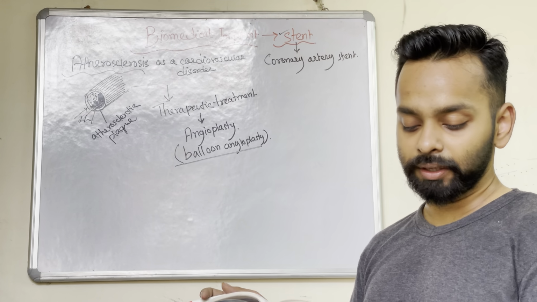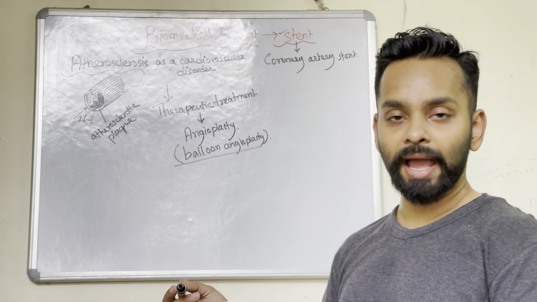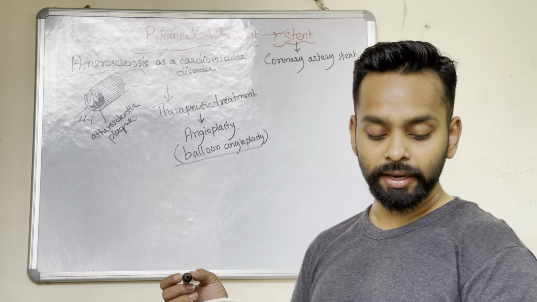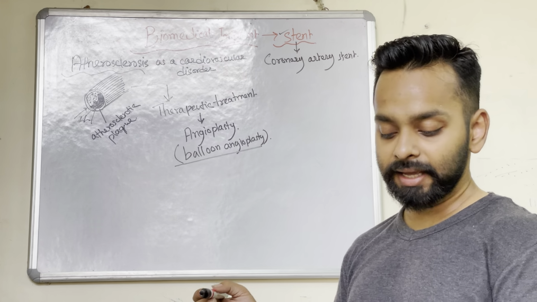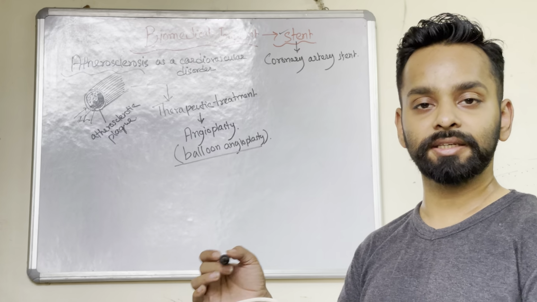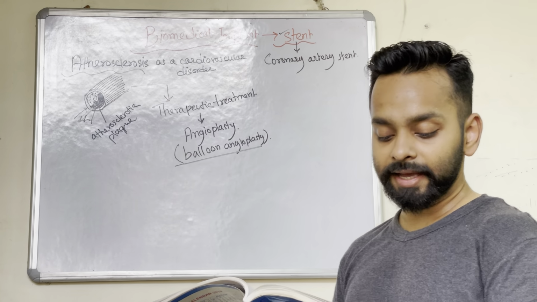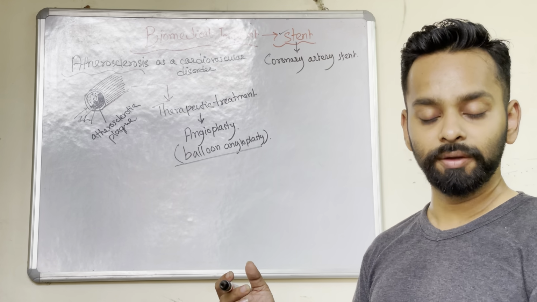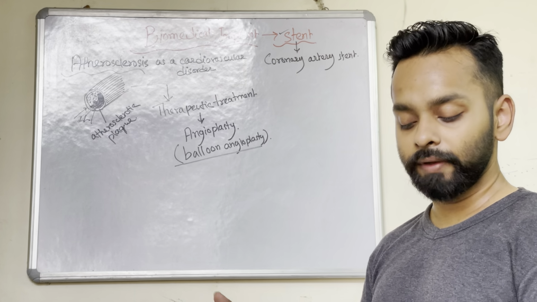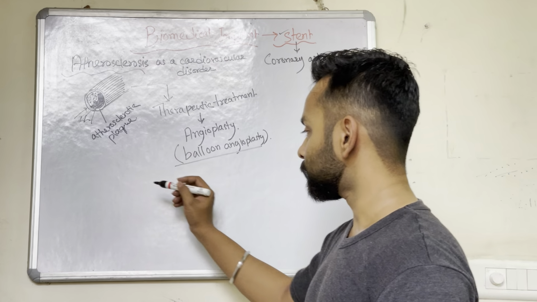So this deflated balloon will be attached to a catheter and passed over a guide wire into the narrowed vessel, and then it will be inflated to a fixed size. Then this balloon will force the expansion of the blood vessel and the surrounding muscular wall, thereby allowing improved flow of blood.